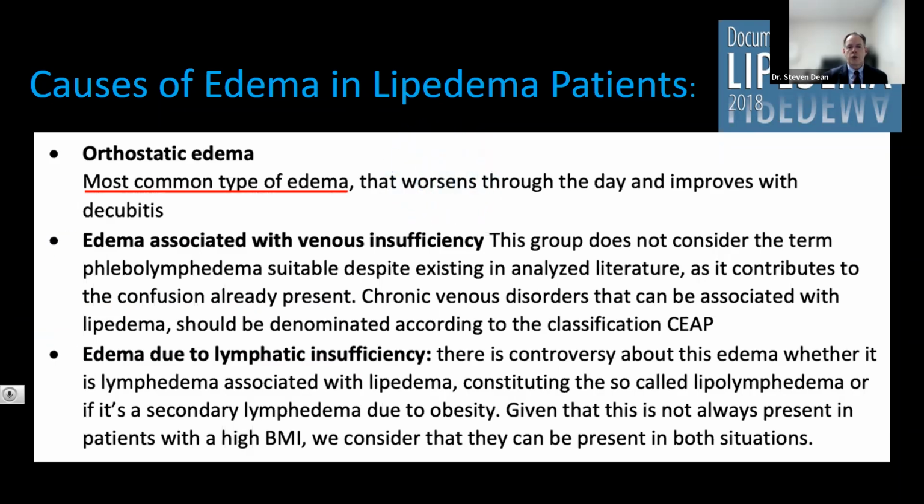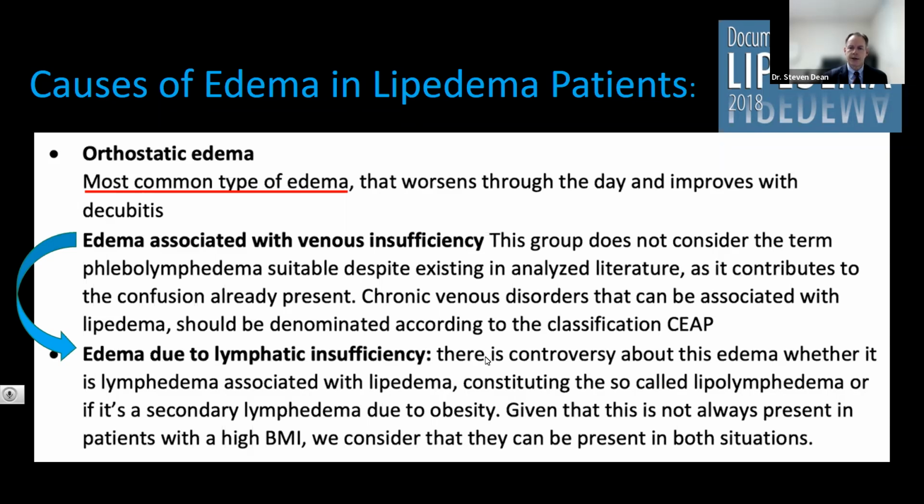Then, of course, number 2 would be the edema that's associated with venous insufficiency that involves many of these lipedema patients. And as you know, venous insufficiency is actually secondary lymphatic insufficiency or phlebolymphedema. And I think it's worthwhile reviewing some comments that they made here in this last paragraph on edema due to lymphatic insufficiency.